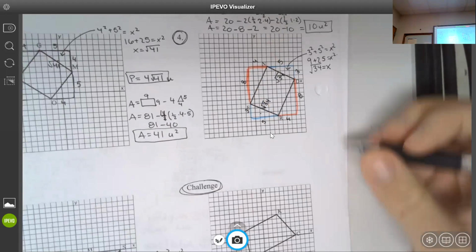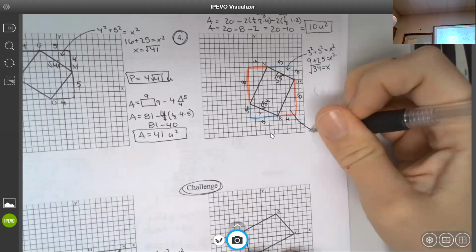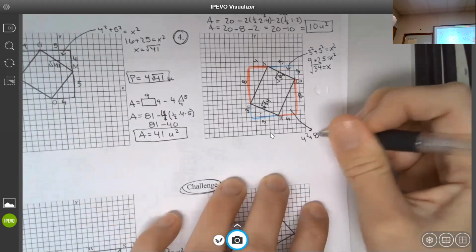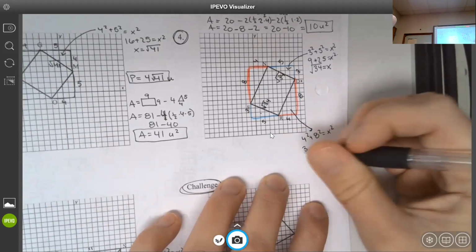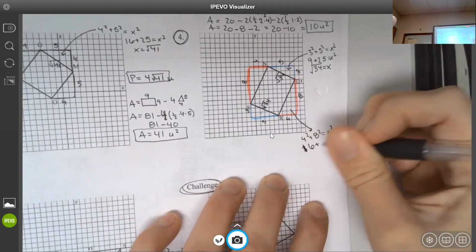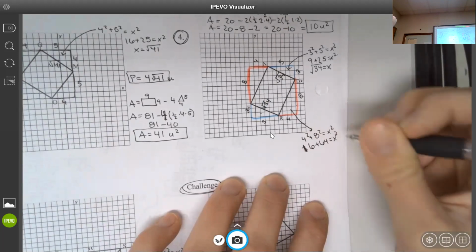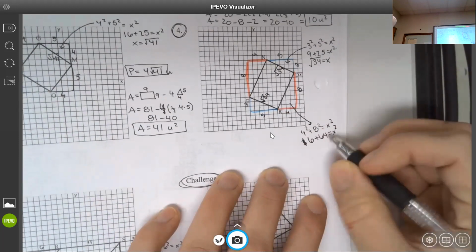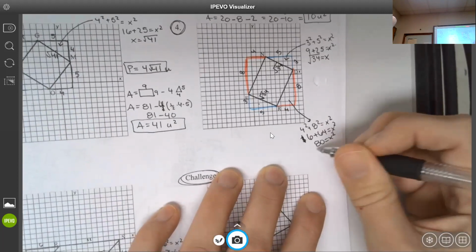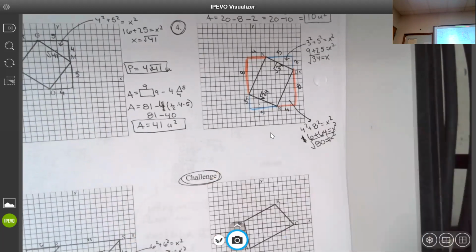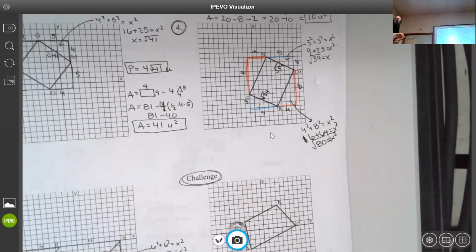And then I have to do the Pythagorean theorem on the red triangle. 4 squared plus 8 squared equals x squared. 16 plus 64, which gives me 80 equals x squared, or the square root of 80. Square root of 80 can be simplified. What perfect square number goes into 80?